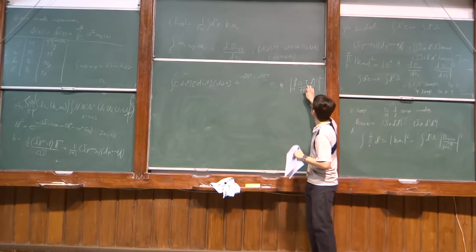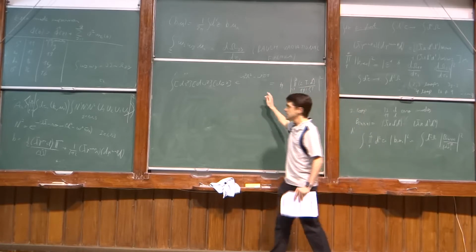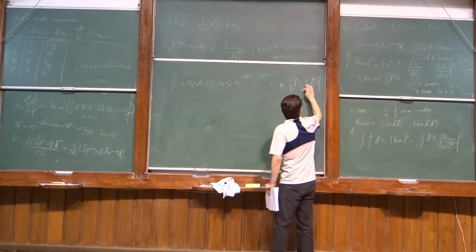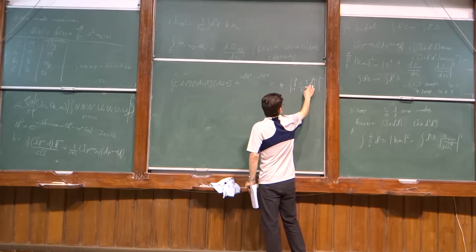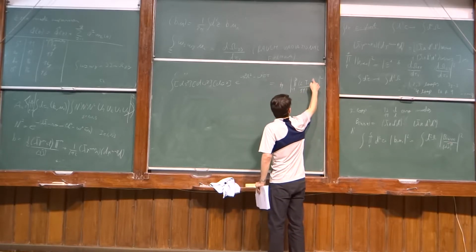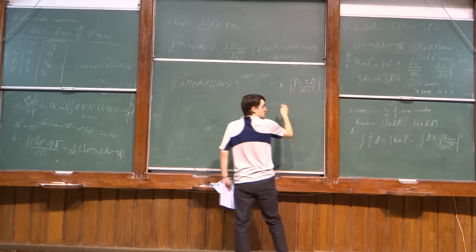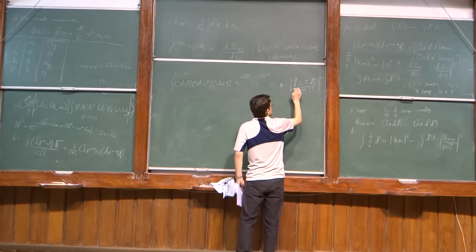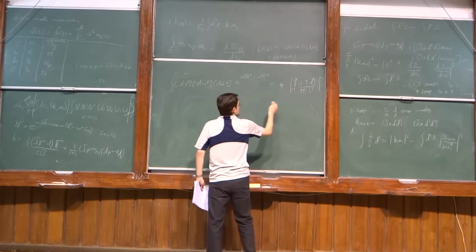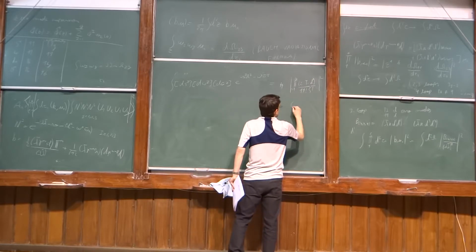Okay, so you see that the reason I did this was because this contraction here contains 11 D's. And 11 D's for each type of zero mode.